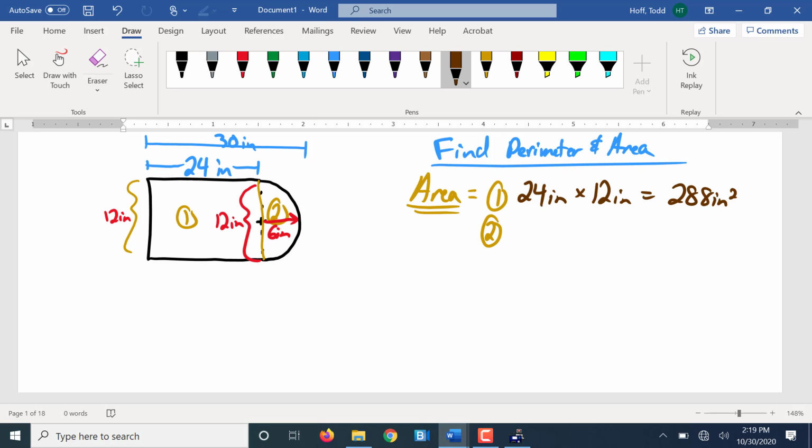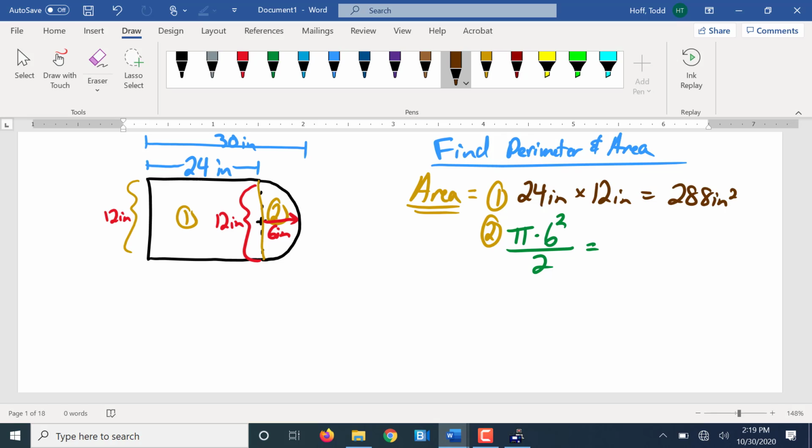Now that's a half circle. We treat it as a full circle to start. How would we find the area of a full circle? Pi times 6 squared. And of course, it's half a circle, so we divide it by 2. What's that give us? No, because you divide the radius in half, and the squaring kind of undoes that.